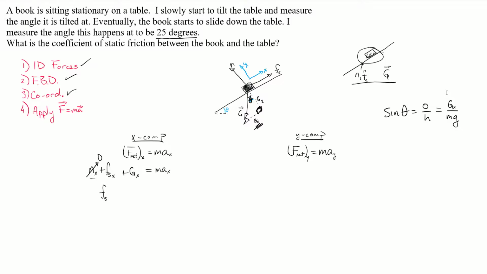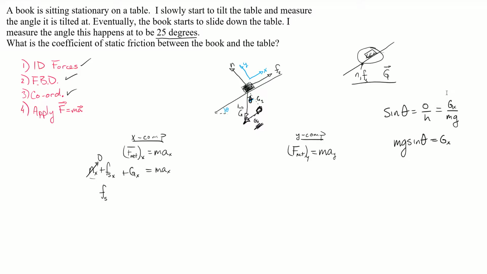We know the magnitude of that force vector is mg. So mg sine theta is equal to our x component of gravity. That gives us the magnitude of this side of the triangle.